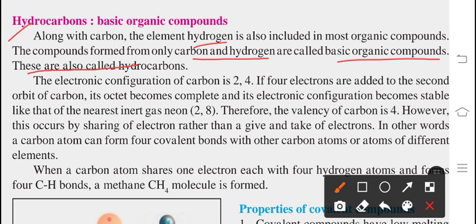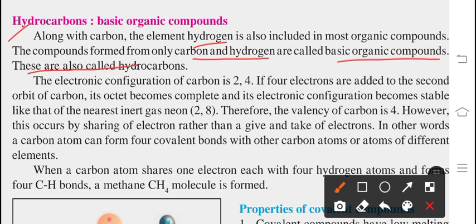Before this, in the previous lecture, we have seen structures formed by carbon, which we get as graphite and diamond. Over there it is a combination of carbon itself only.